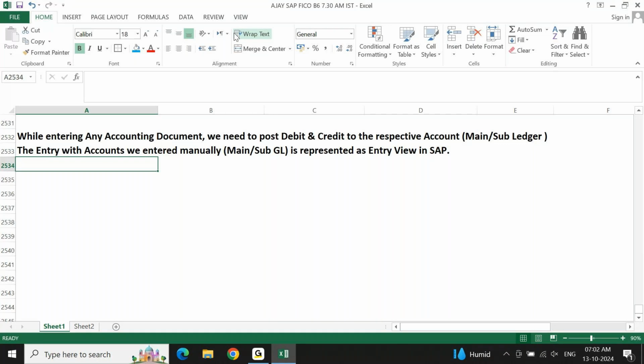We need to enter manually. Everywhere debit, credit, you'll have to pass it manually to SAP. Whatever the debit, whatever the credit we are passing, we are telling system manually or directly is represented as entry view.